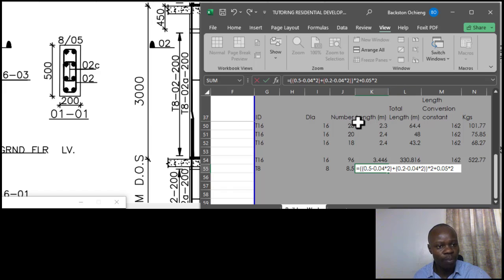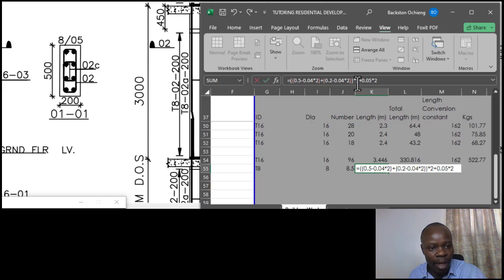So what we've done, we've got the column as it is. From the column, we subtracted what we call the covers, which I've just explained the essence of. So you take the total, which is 500, minus the cover on either side, cover to the top and the bottom. So that is 0.04 times 2. Then you add the shorter side 0.2, then you subtract cover as well.